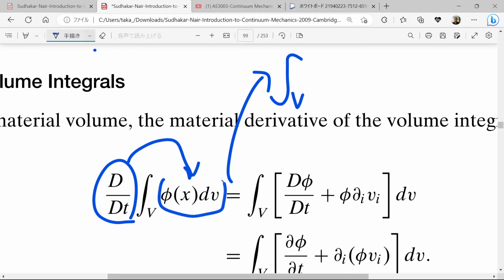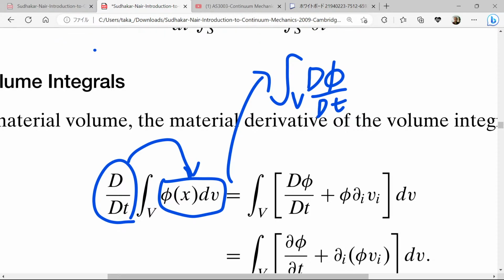Okay, so we have d phi dt, I'm sorry, dt and dv. Then also we have phi x d dt dv.